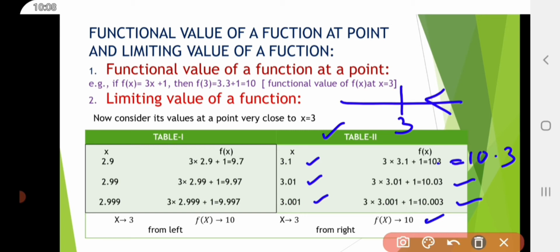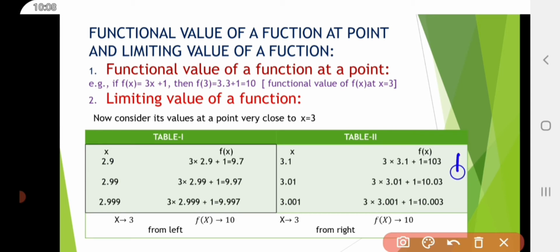When x approaches 3 from the right hand side, the function approaches 10. Here you can see 10.3, then 10.03, then 10.003.